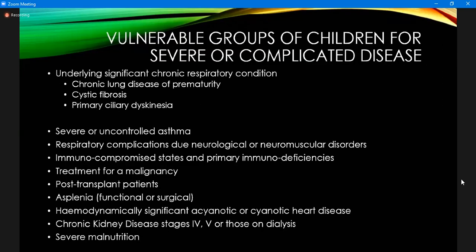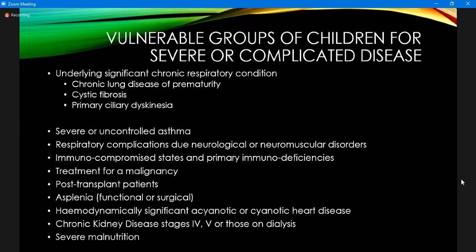Let's go on to the vulnerable groups of children for severe or complicated disease. As in adults, any underlying significant chronic respiratory conditions, especially in children, conditions like chronic lung disease of prematurity, cystic fibrosis, and primary ciliary dyskinesia, etc., children with those conditions are very vulnerable.